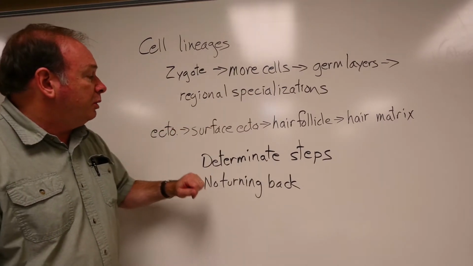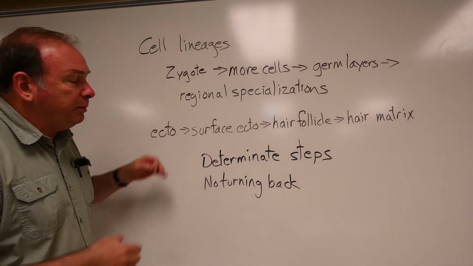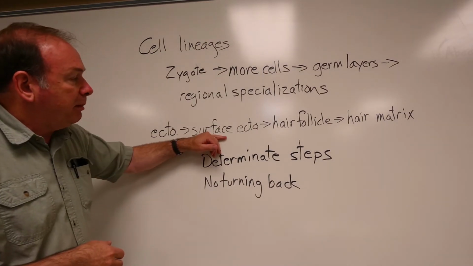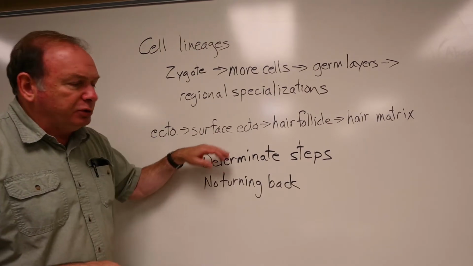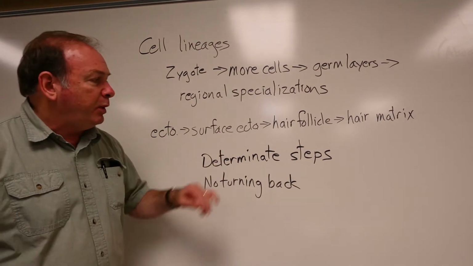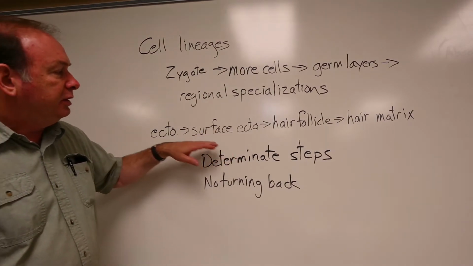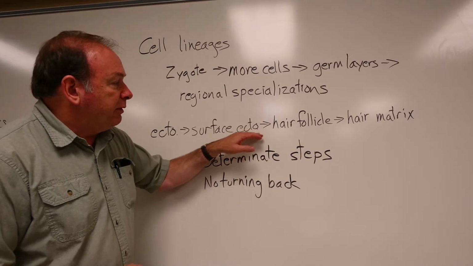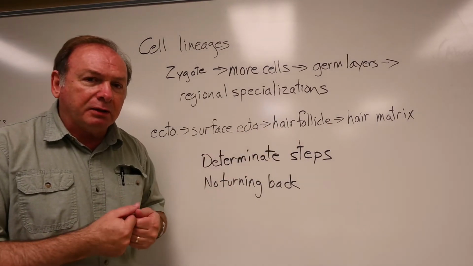structure, and so on. So, for example, here we have a cell of the ectoderm. As the cells divide, some of them become identifiable as surface ectoderm cells, as opposed to extraembryonic membrane or neural ectoderm or neural crest. So we have surface ectoderm. Some of those cells that are forming the surface ectoderm may eventually form into hair follicles.